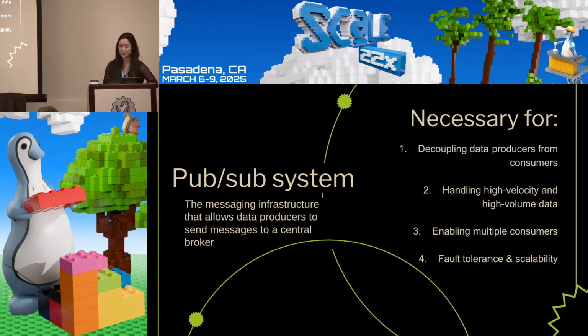And it also enables multiple consumers. A lot of the times companies have multiple use cases using the same data stream. Having this pub subsystem allows different teams to ingest specific parts of that data, and they can use it for whatever they need. An example could be a stream of e-commerce transactions that can be used for fraud detection, recommendation systems, and operational monitoring.